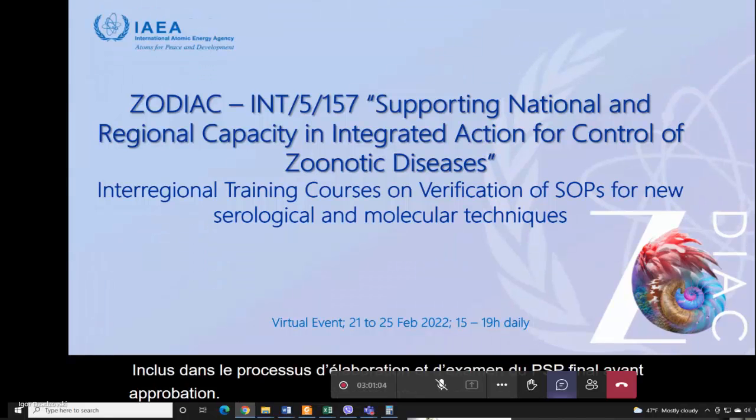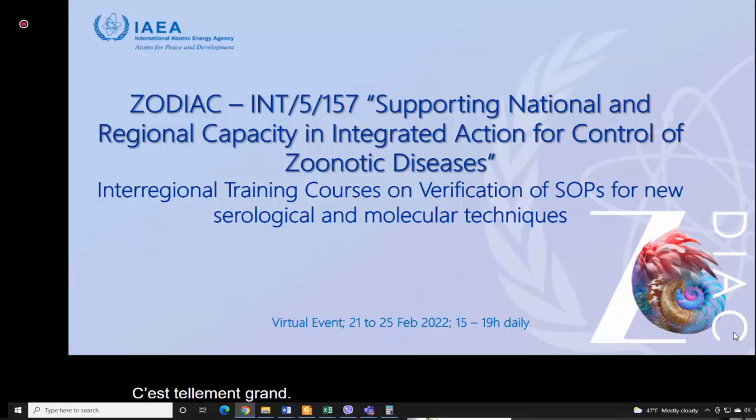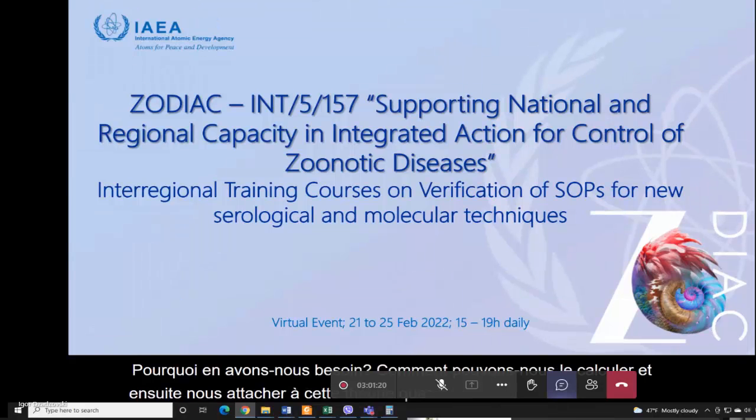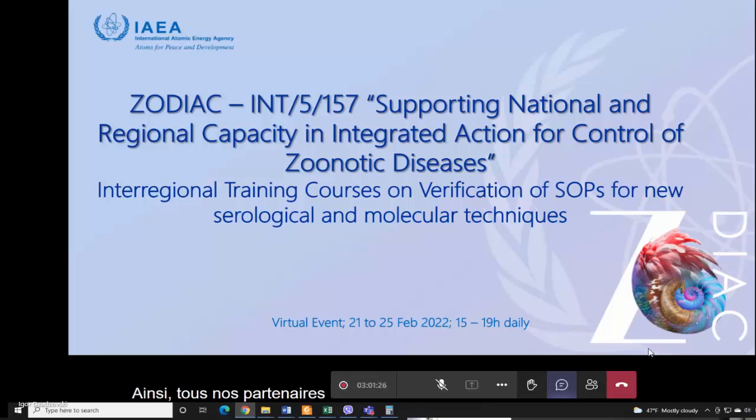And this SOP will contain the theoretical part, a brief summary on the theory: what is repeatability, reproducibility, why do we need it, and how do we calculate it. And then attached to that theory, we will have the Excel algorithm with the calculations. So all of our partners will receive the final SOP after we finalize it.